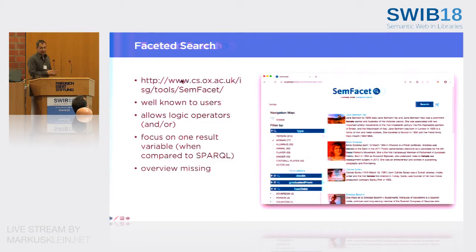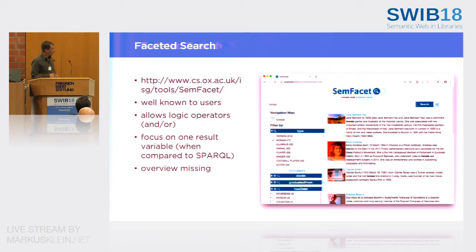Something which is related to this is faceted search. I mean, that's very well known even to non-experienced users who are not familiar with query languages. You can find it on Amazon or eBay, for instance. Here it's an implementation from Oxford University, particularly for doing faceted search on RDF graphs.